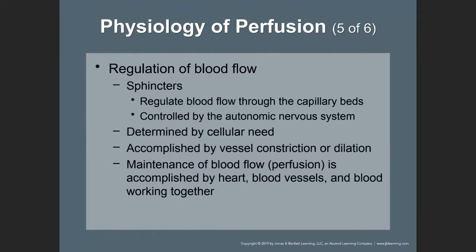So depending on the type of activity that is occurring within the body, the autonomic nervous system will stimulate the capillary sphincters to constrict or dilate to increase blood flow to specific areas or reduce blood flow to specific areas.